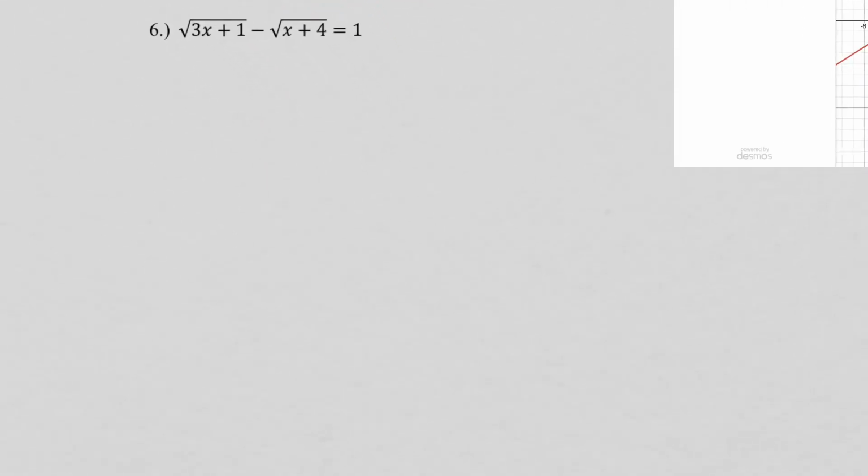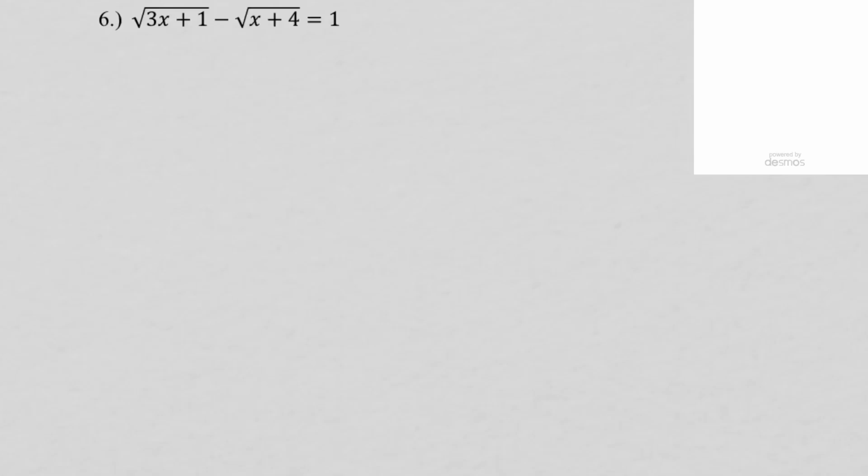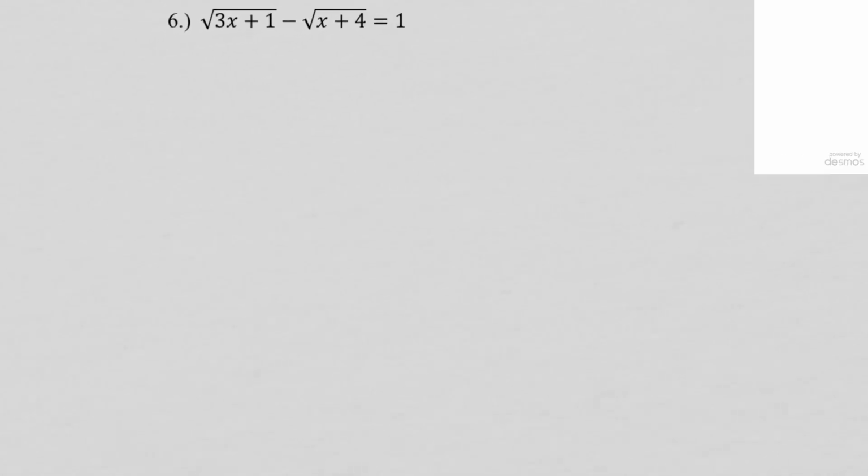So number 6 is kind of long. It's actually pretty long. So you're going to have to write small and try to use both columns, everything that you have down there available to you. Okay. So first of all, our strategy here is going to be to isolate one of the radicals.